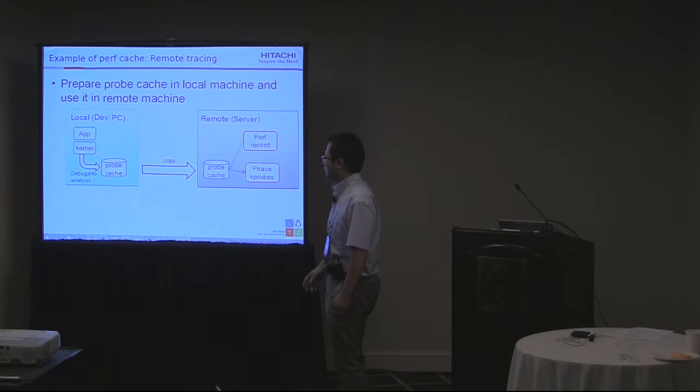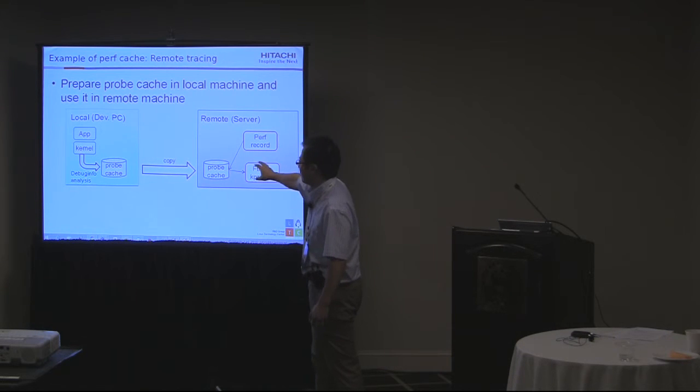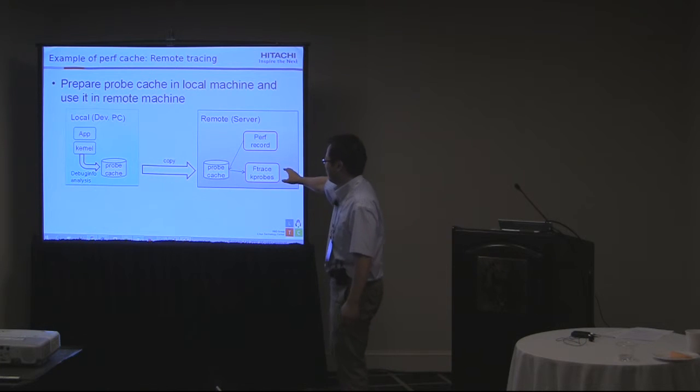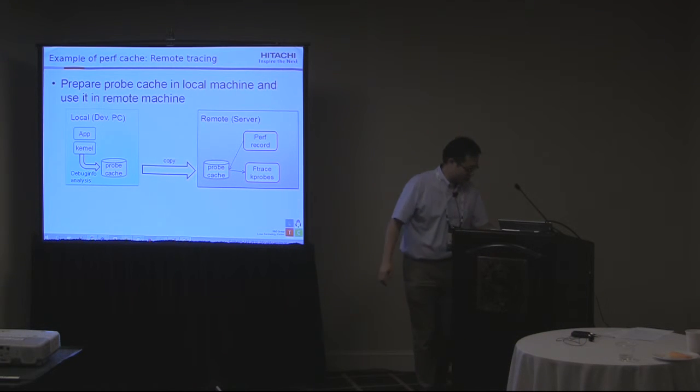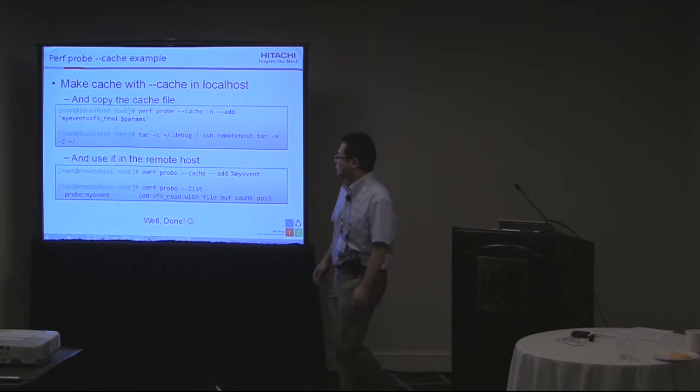By using the Perf-probe cache, you can copy the probe cache to the remote server, and you can use it on the server. The probe cache is keyed by the build ID. Yes. So here is an easy example of how to use it.